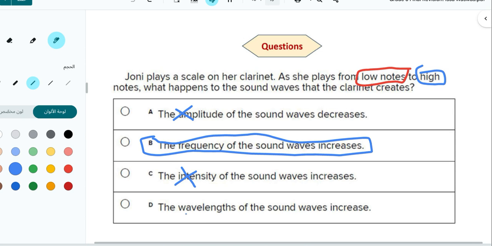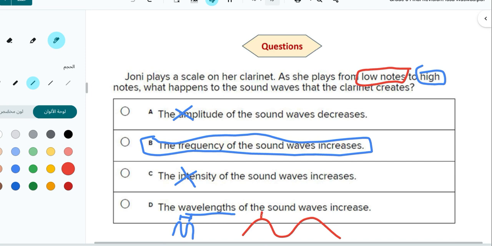Now we see wavelengths. What we need to know about wavelengths is that they are inversely proportional. So if we have a high frequency sound, we're going to have a short wavelength. If we have a low frequency sound, we are going to have a much longer wavelength.